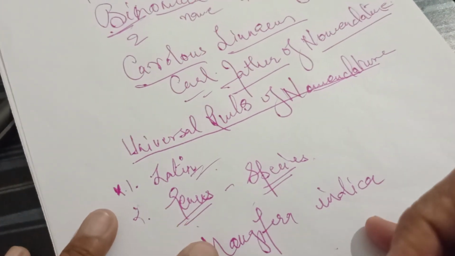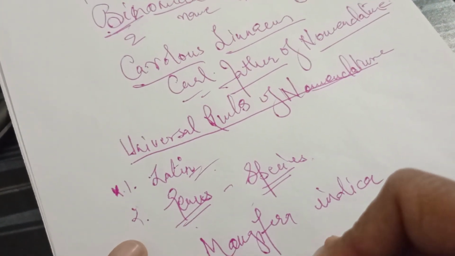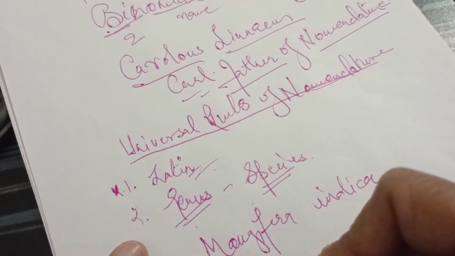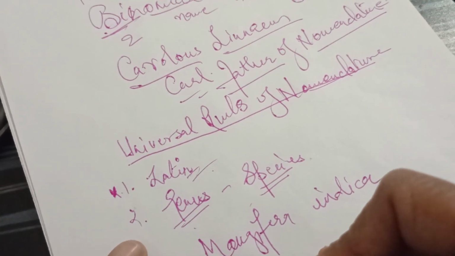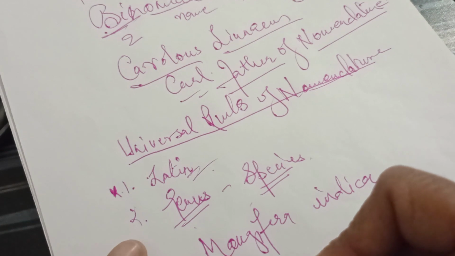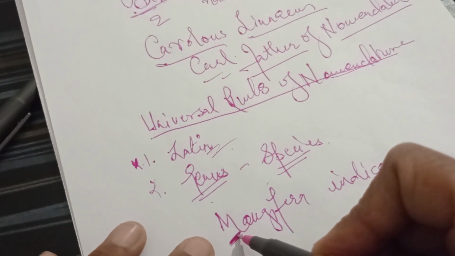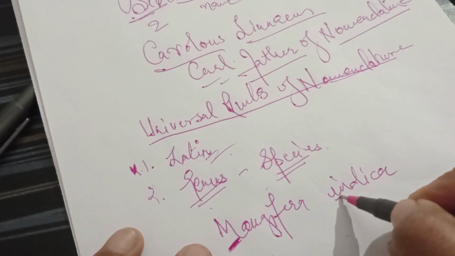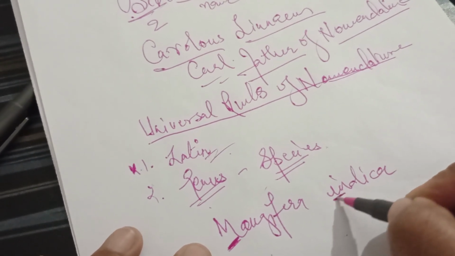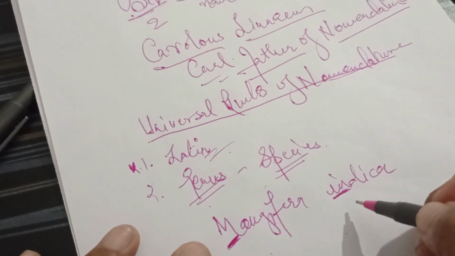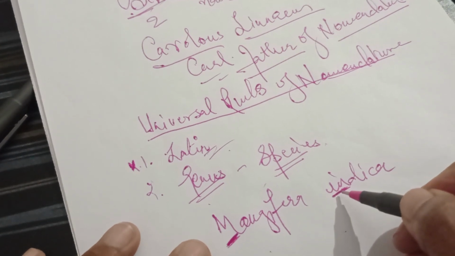And the first letter of the first word, that is the first letter of the genus, is always written in capitals, and the first letter of the species name is always written in small.